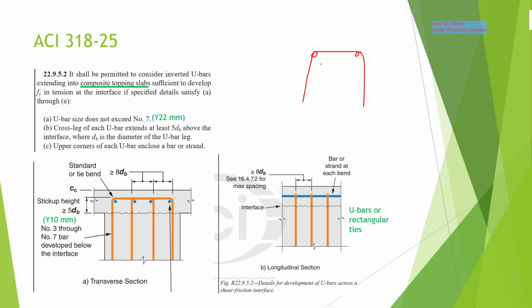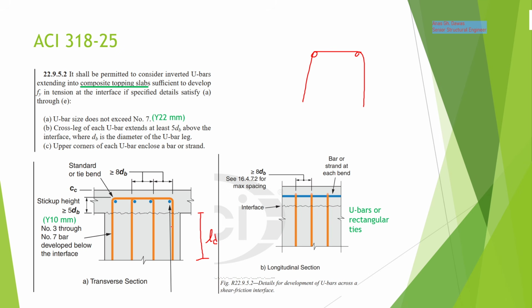But here you have to provide the development length, and you have other requirements, like the spacing across the cross section, and also the spacing along the beam length. And here you have a minimum diameter. You cannot use a diameter less than 10 millimeter.